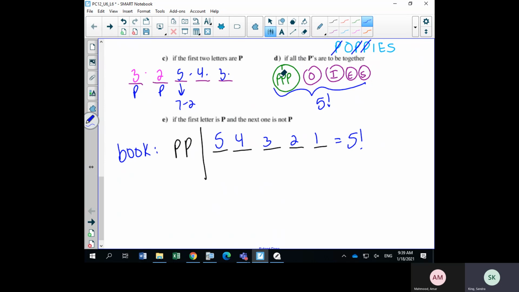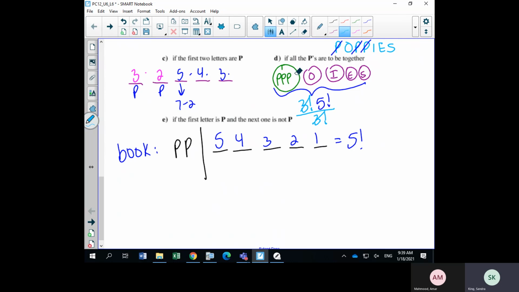There's 3 P's on this disc, and it doesn't tell us the arrangements. So I could technically do this 3 factorial here, right? Because there's 3 of them. But then I just divide it by the number of repeats. And there was 3 repeats. So 3 factorial. So this actually ends up just canceling. And your answer is just 5 factorial.